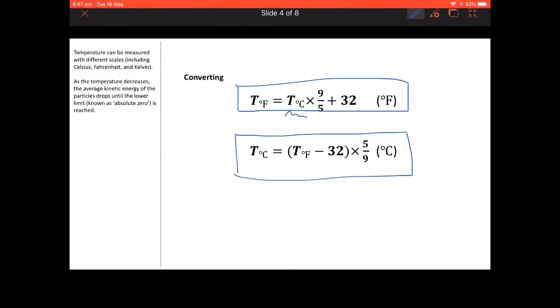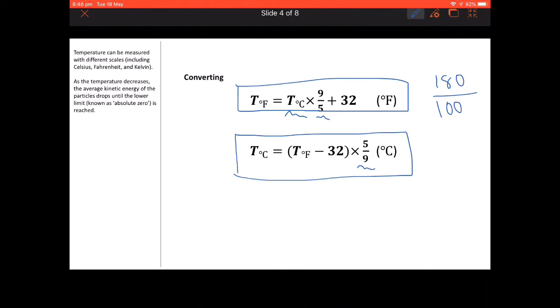The value of 5/9 is derived from the differences that each degree of Fahrenheit or Celsius represents in each of their scales. So in Fahrenheit, 1 degree is 1/180th. In Celsius, 1 degree is 1/100th.